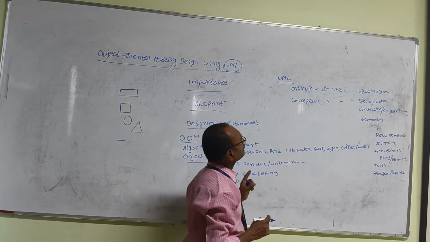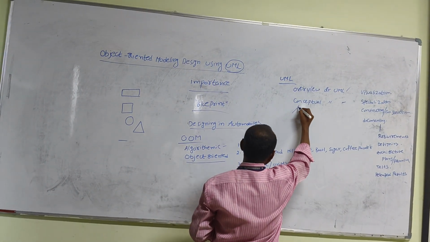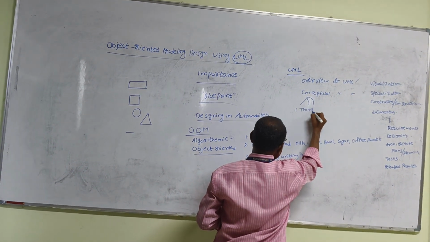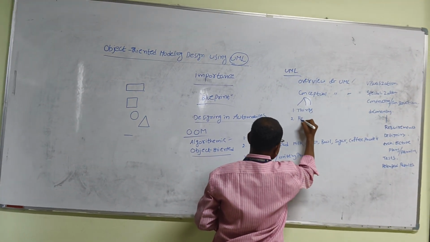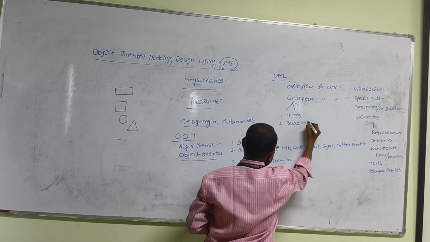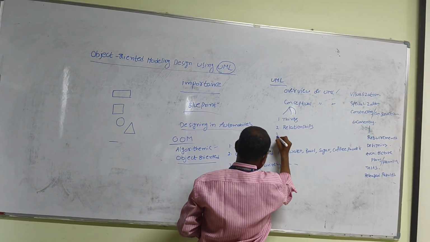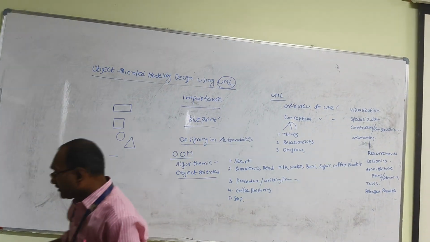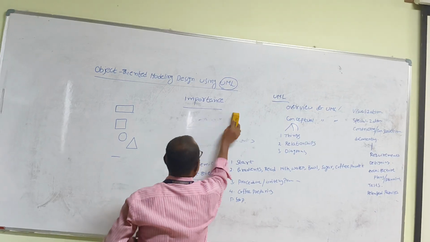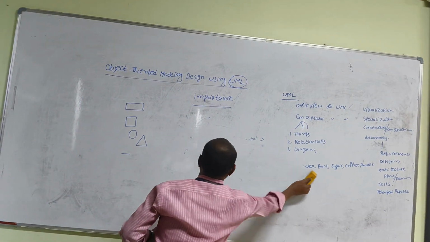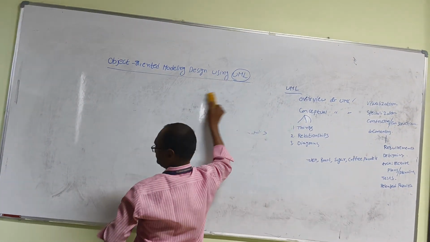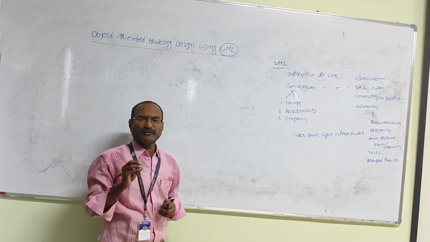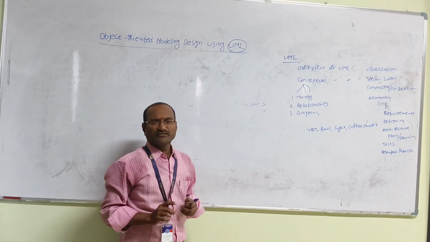And the conceptual model of UML mainly has three parts. Number 1, things. Number 2, relationships. Third one is the diagrams. In UML, things, relationships and diagrams are the main important parts of the designing process.